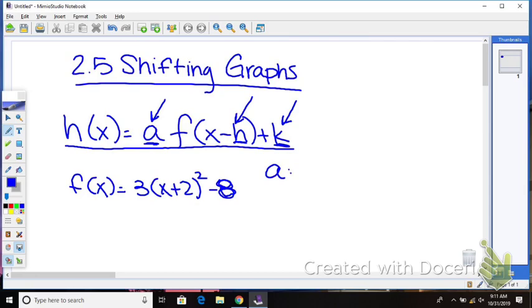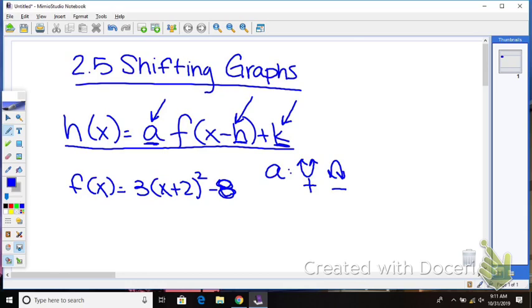a tells us two things. I should look at my notes and see. Yeah, oh, I'm following what I was going to do. a tells us two things. It's going to tell us if it's like a normal graph or if it's flipped upside down. And that deals with if it's positive or if it's negative. The graph won't always look like a parabola, but I just use that for an example. a, if it's positive, it's going to be the normal graph.